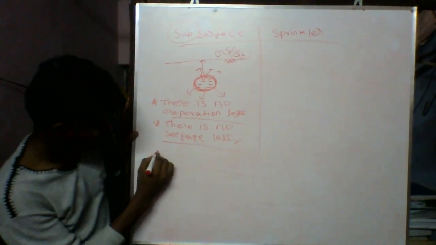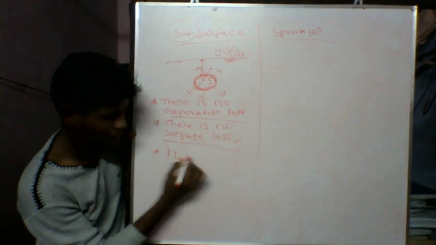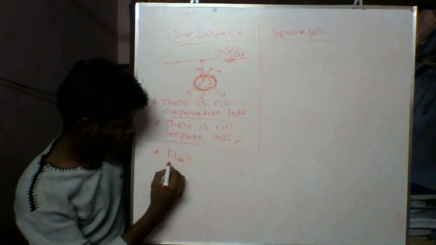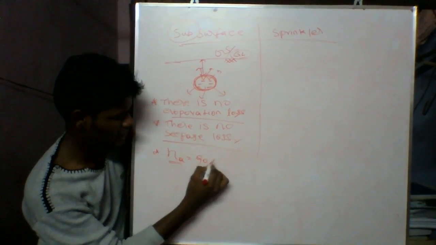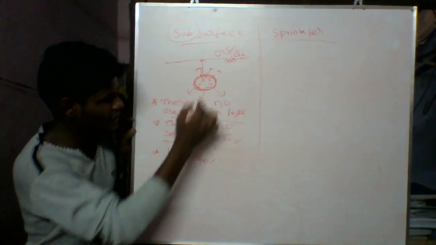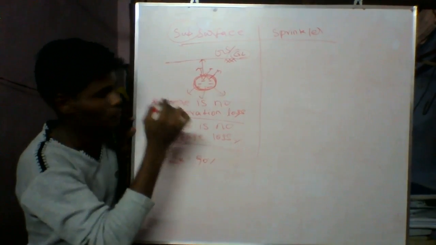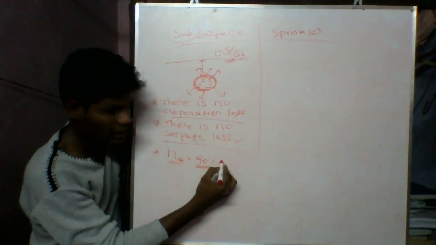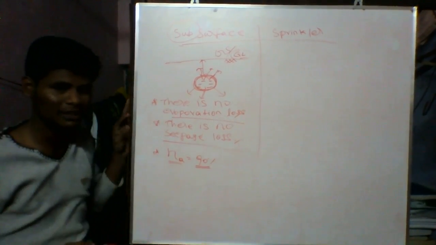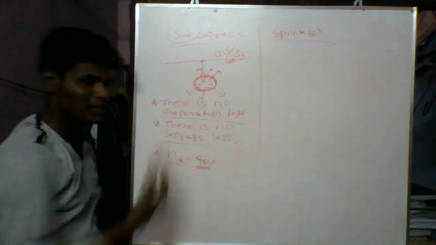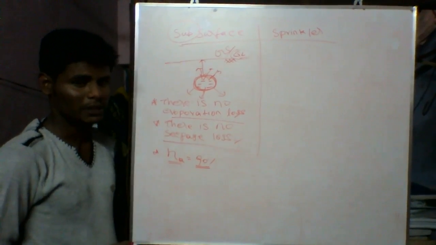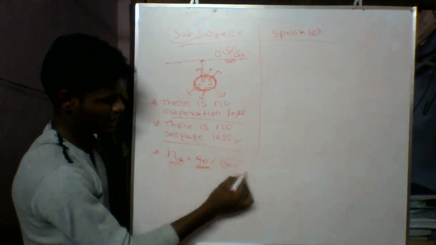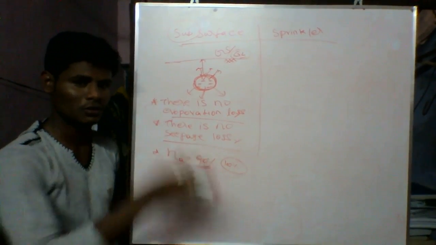Another important thing is the application efficiency. It is denoted by eta A. We know very well from the first chapter. So the application efficiency is 90%, because there is no loss due to evaporation and seepage. You have to consider only 90% as applicable, not 100%, because there are sometimes some leakages. So you have to consider 10% for leakage and other losses due to friction.